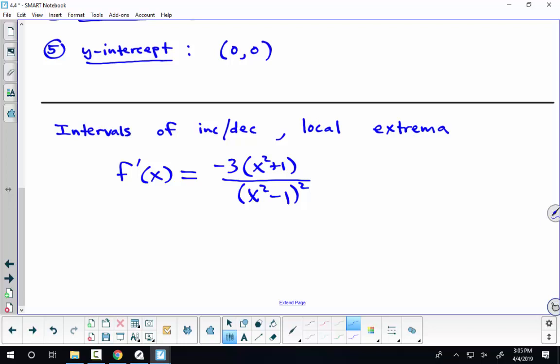So when is that 0? When is a fraction 0? When the numerator is 0. Is the numerator 0 for any values of x? The numerator is 0 when x squared plus 1 is 0, when x squared is -1. Is that ever 0?